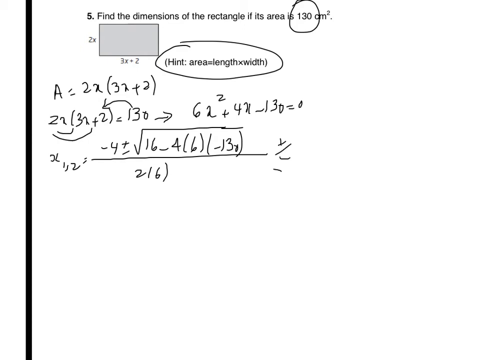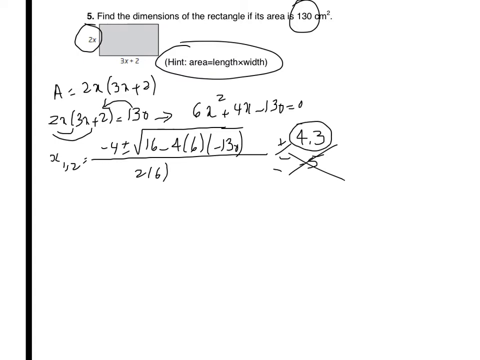Now, with the positive root, I get 4.3. For the negative, I get negative 5. Since x cannot be negative because of 2x, because 2 times negative 5 gives me negative 10, and lengths cannot be negative, this is thrown away. So the answer is 4.3. But now I have to find the dimensions.